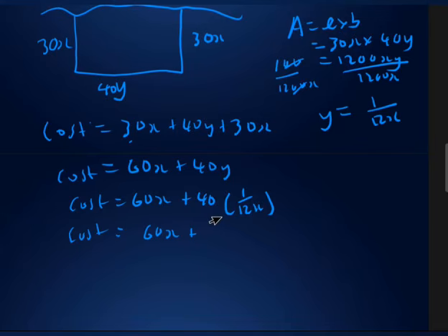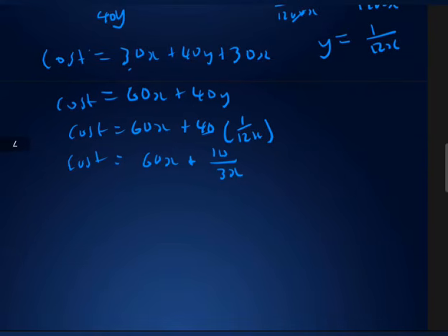If I take 4 as my highest common factor, 4 into 40 is 10, and then 4 into 12 is 3. So this is what I have. Because you can even type 40 times 1 over 12, and the calculator will give you the answer. So it should be 10 over 3. All right, so this is what we're going to do.